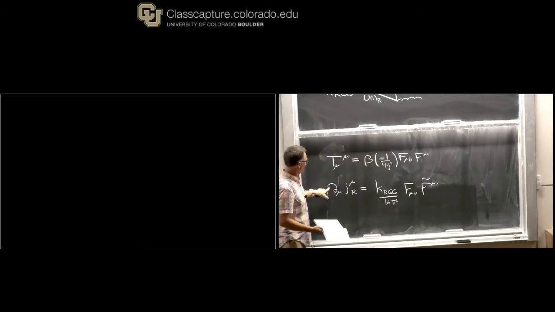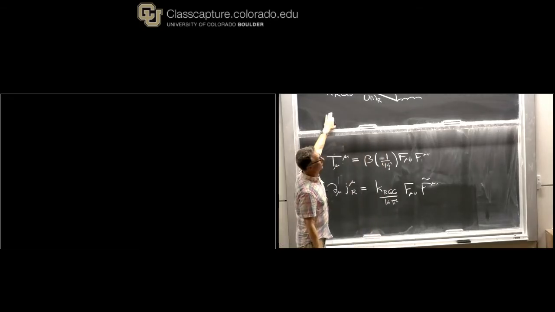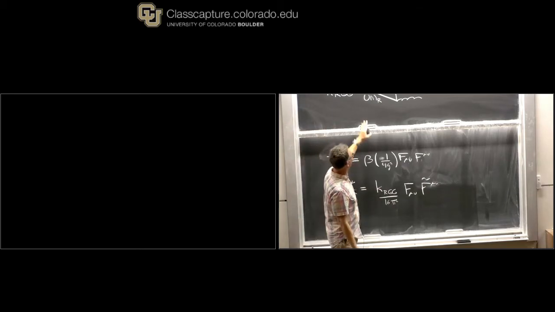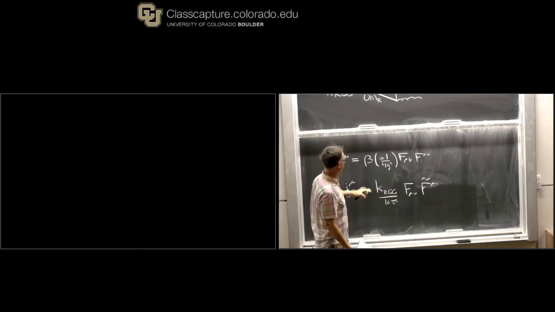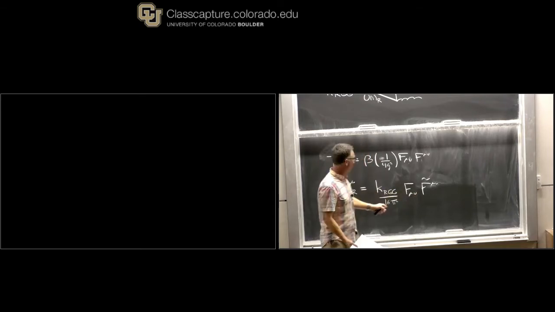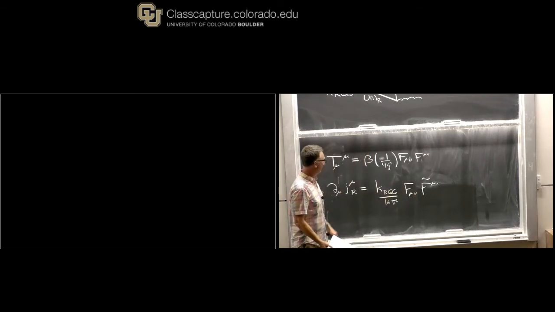Okay, so this term here is the statement of this triangle diagram. The R current is anomalous. It gets some coefficient that we could read off from the triangle diagram, and it's proportional to F F dual, so that if we integrate both sides of this, this will tell us that the instanton has some definite charge.